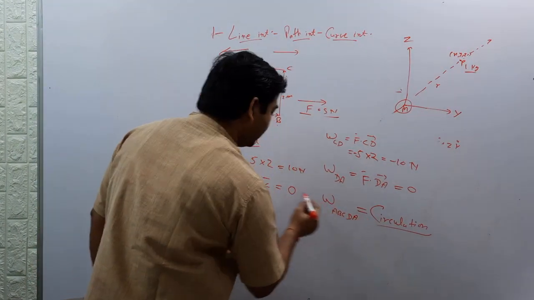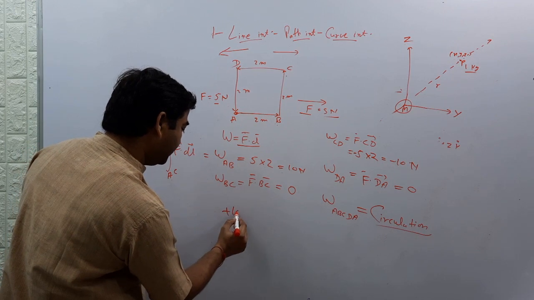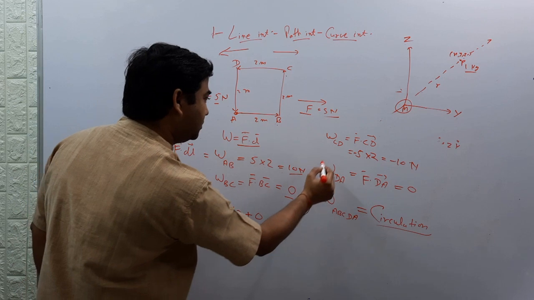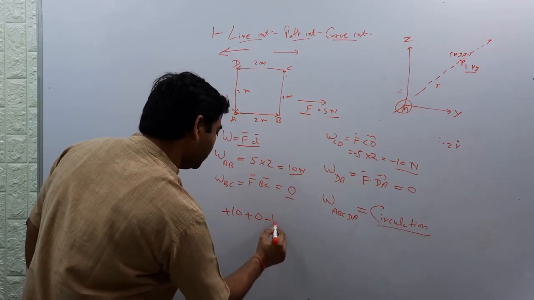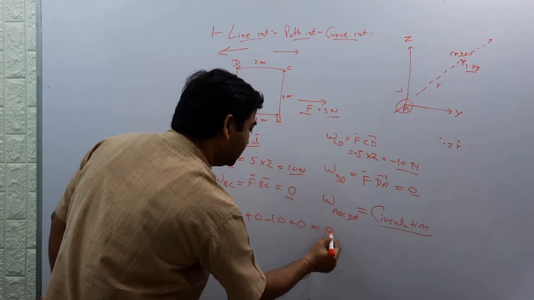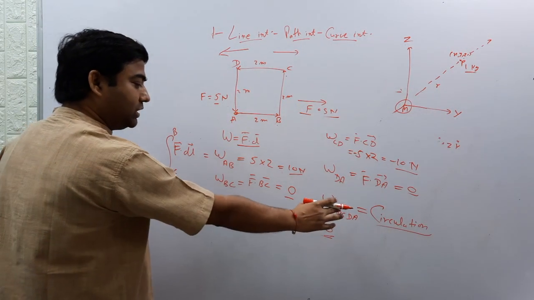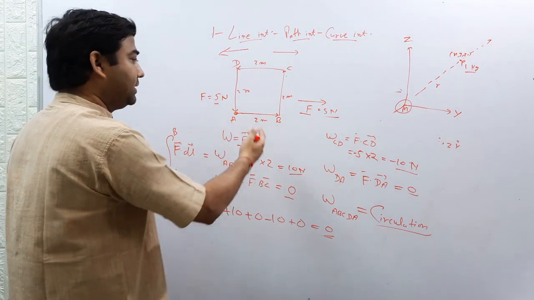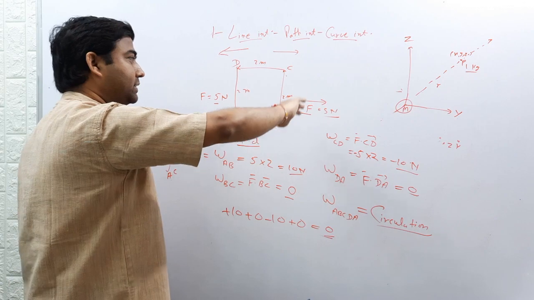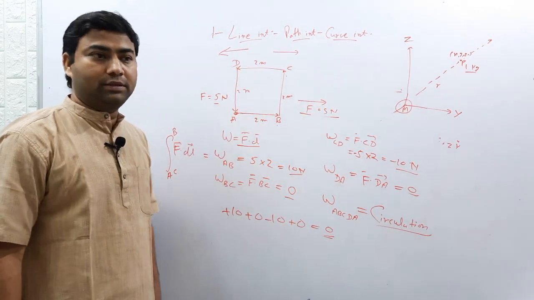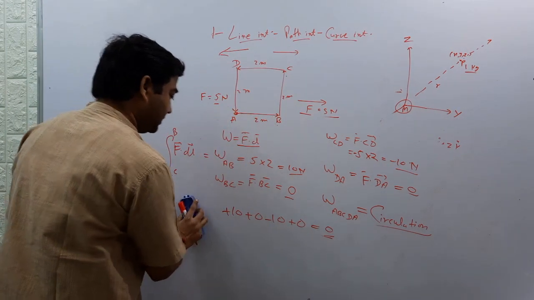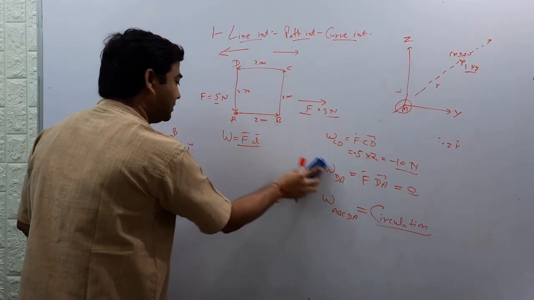So here circulation is plus 10 plus 0, plus 0 minus 10, plus 0, which is equal to 0. Circulation is nothing but the addition of dot products of field and displacement vector along a closed path. So circulation is 0.